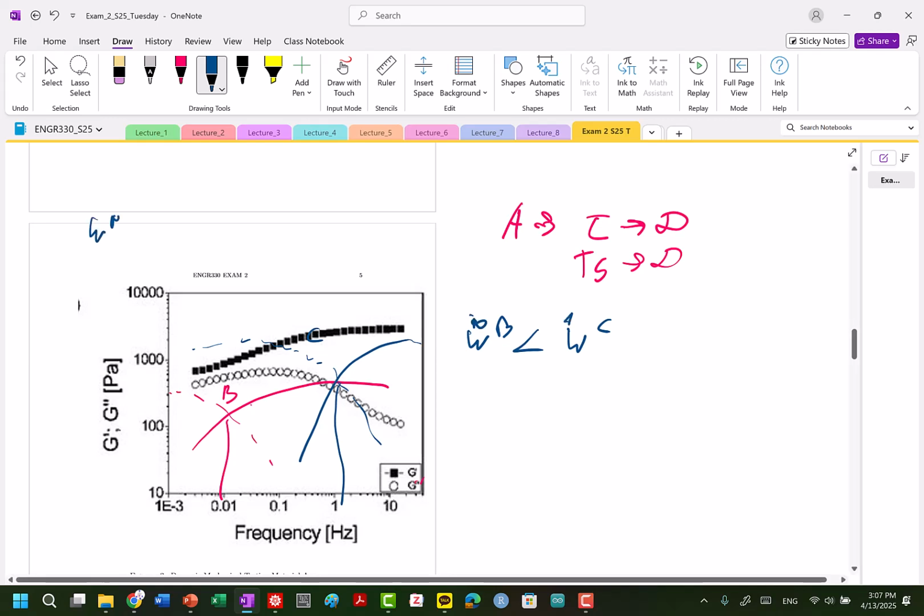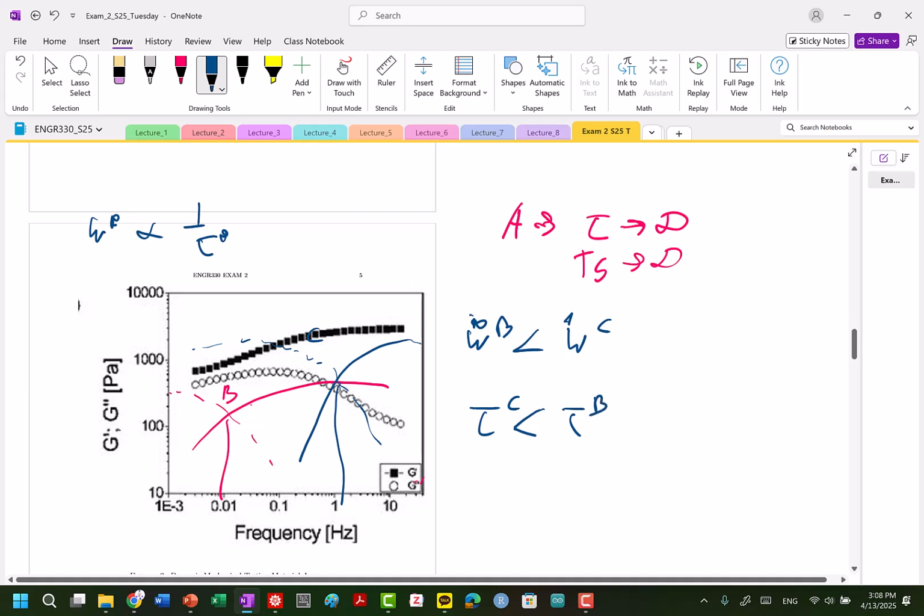Our relaxation frequency is inversely proportional to our relaxation time tau. So if my omega C is very large, that means that my tau of C is less than tau of B.